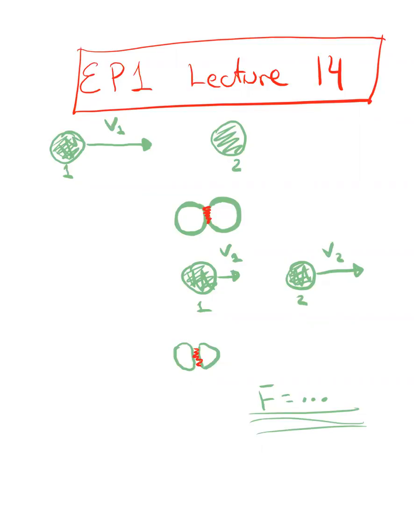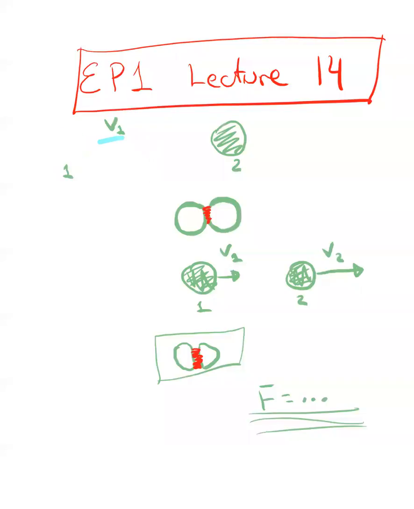Do we completely give up on this? It turns out there is a solution. There are some things that we can still do, even if we don't know exactly what's happening in between here. And that's the subject of today's lecture. Today we will learn about how to deal with these kinds of situations.